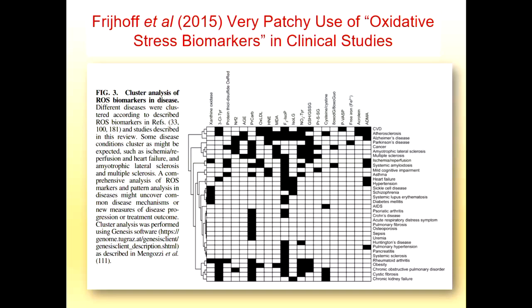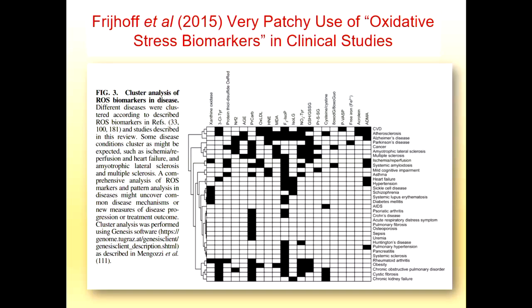So the black indicates yes, let's say in a CVD, cardiovascular disease trial, some clinical trials have measured appropriate biomarkers, lipid-derived ones, for example, but then there are others that have been skipped. And you can see for a lot of these diseases, extremely selective selection of biomarkers and exclusion of a whole lot of them. Okay, so that's just a sad reality. We don't often know which ones we should measure.